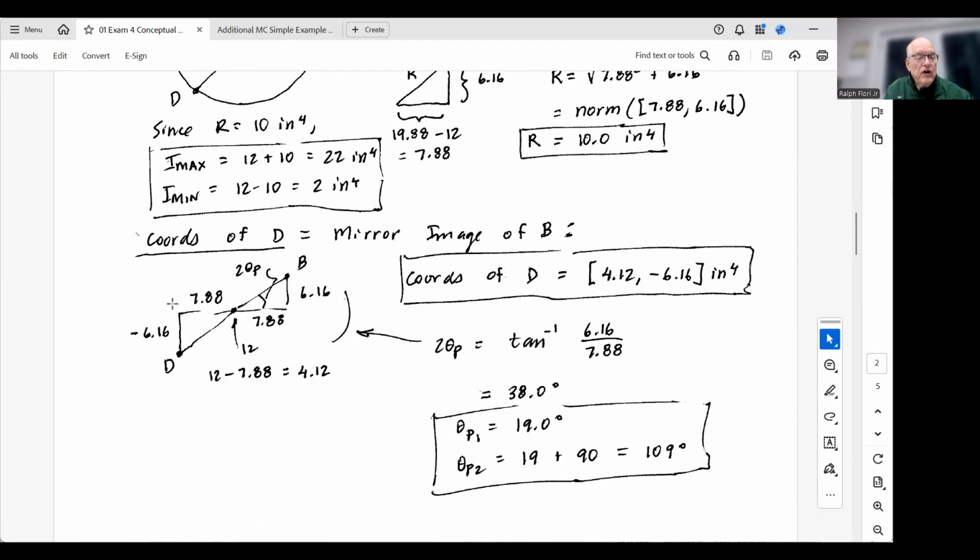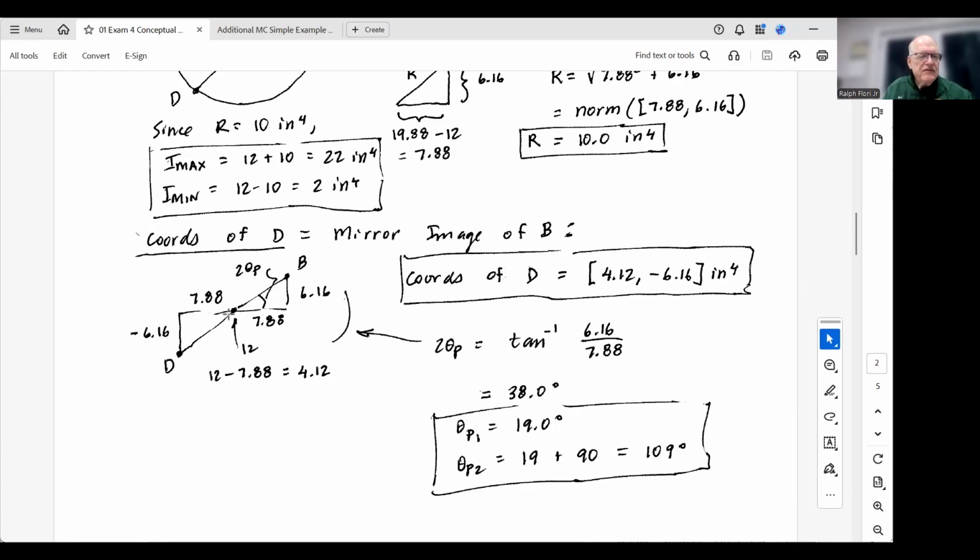If it asks for the coordinates of point D, and D corresponds to B, or point D is on the original cross section, then point D mirrors B. So point D out here is the center minus the 7.88, which is the base of this triangle.